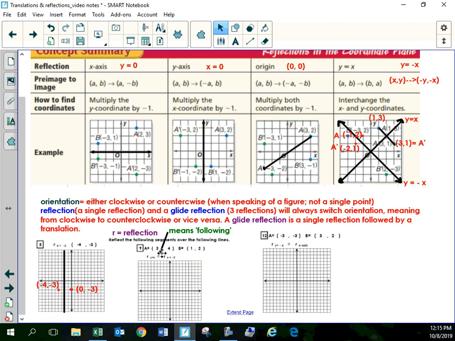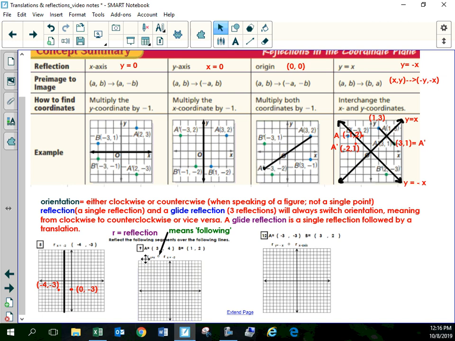So if something follows something, that means the one on the other side, this right side, we're doing first. This is called function notation, just so you know, you're getting function notation more in Algebra 2 class. Anyway, this means to do what's on the right first, do this reflection first, then do the second reflection on the left next. Now on the DCAS, they will often just write it out for you and tell you.